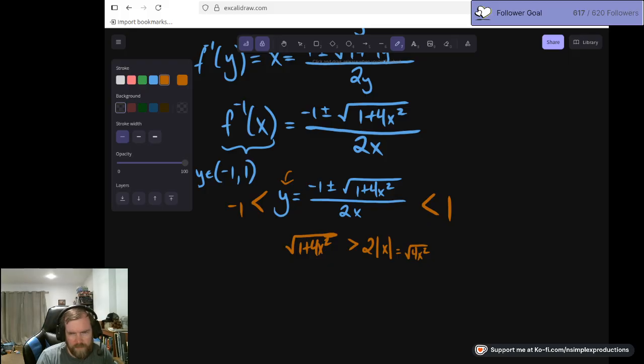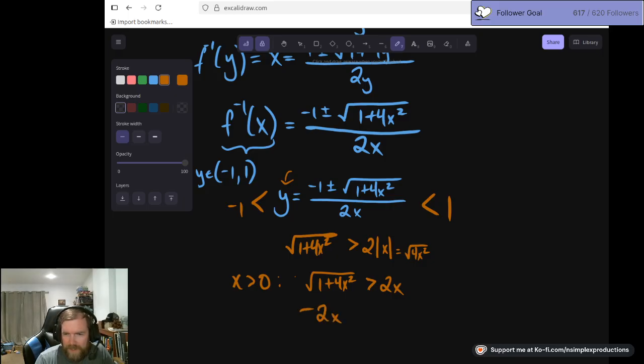Okay, so for x greater than 0, we're going to end up with square root 1 plus 4x squared greater than 2x. I hate doing that.